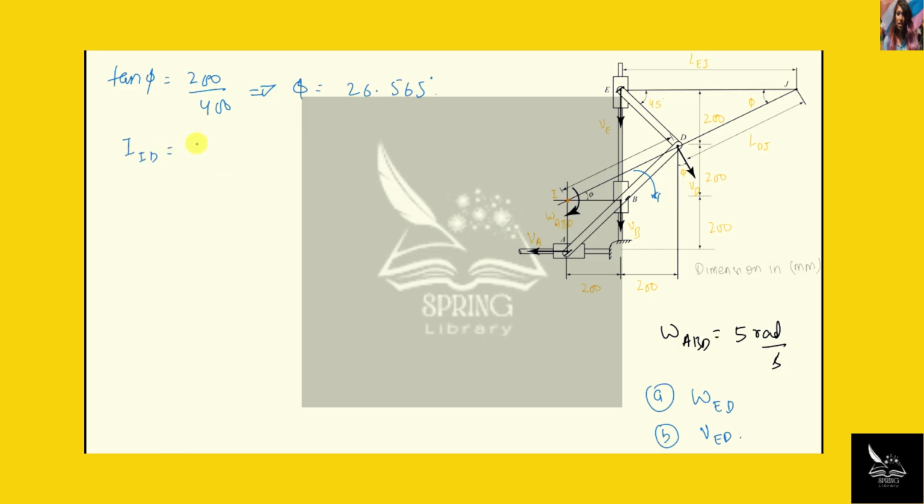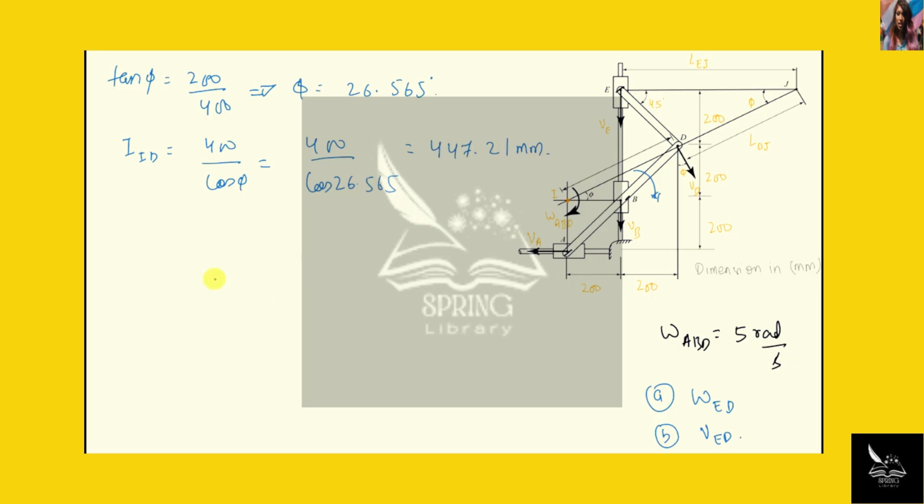Using trigonometry, ID will be equal to 400 over cosine phi, which is 400 over cosine 26.565 degrees. From here we'll get the value of ID as 447.21 mm.